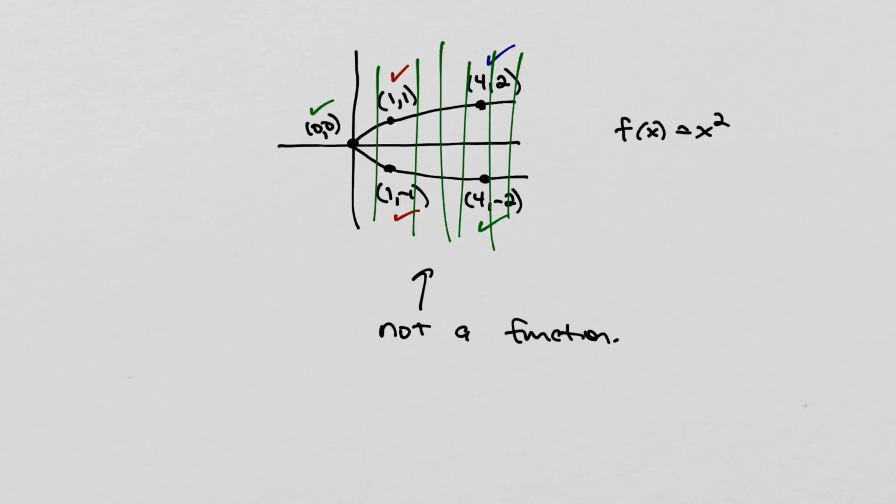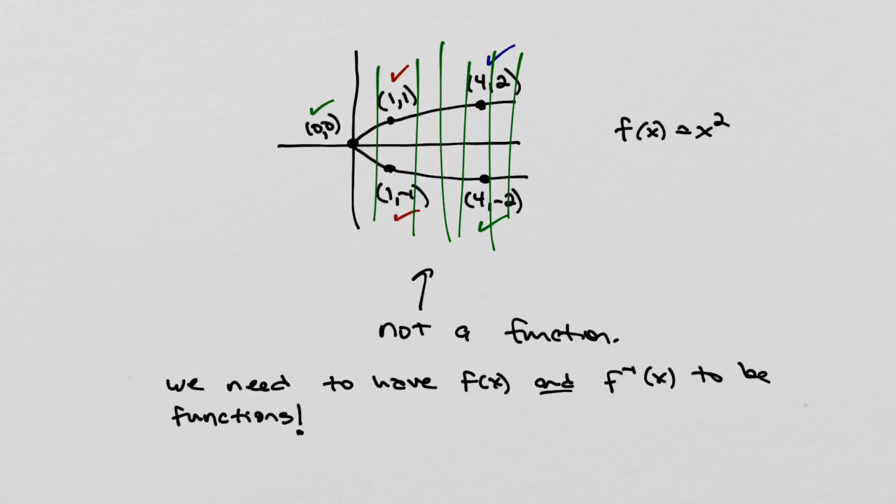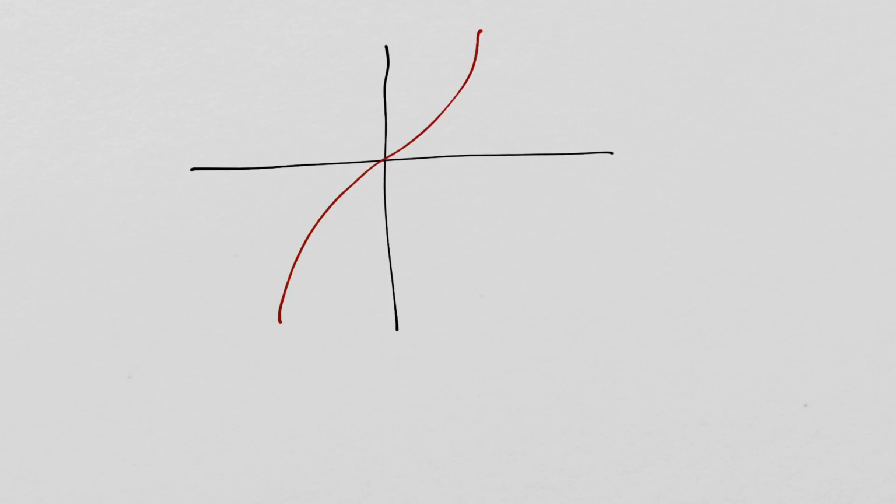So our goal here is this. What we need to have here is for f of x and for f inverse to actually be functions. And here's how we can pretty much guarantee that's going to happen. We know that in order for f of x to be a function, so let's look at, how about f of x equals x cubed.